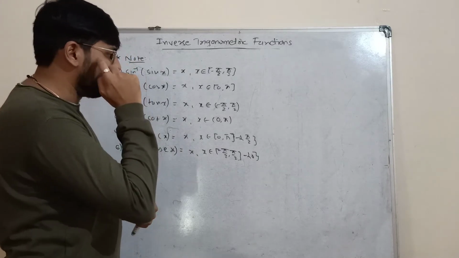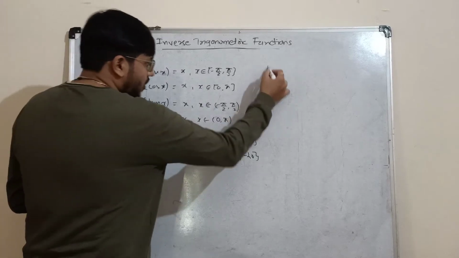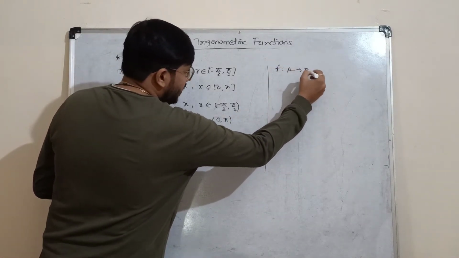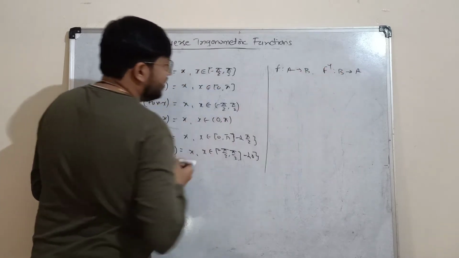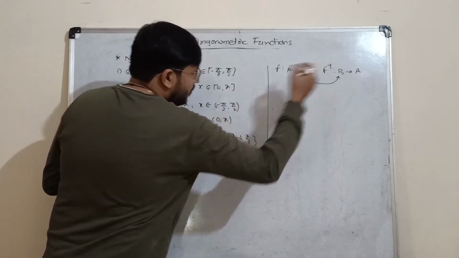Now let us take one example and find out why this happens. As we know, if a function is defined from a to b, then its inverse is defined from b to a. That means the range of the function becomes the domain of the inverse.